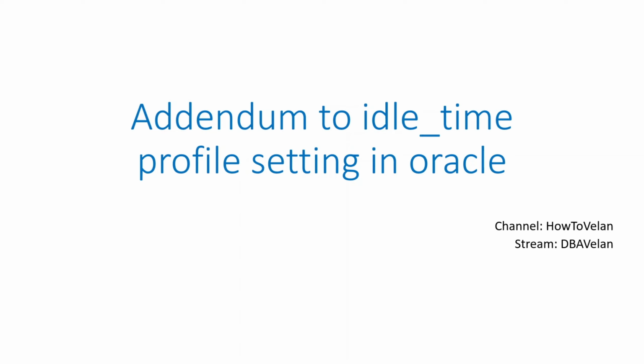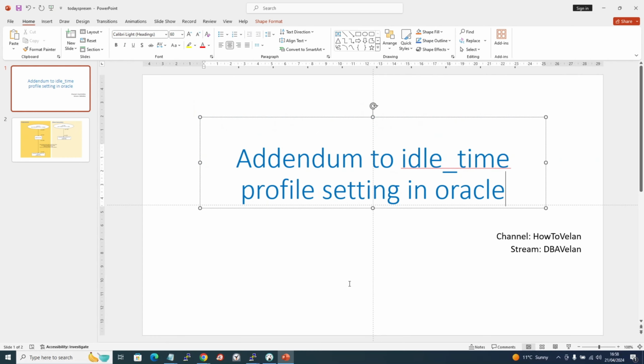We saw how idle time works, and then we ended up halfway through the video. The URL or reference guide from Oracle did not provide exhaustive detail. It said the session will be terminated. The session is terminated, but the session was still left in killed state. That's what we observed in the last video, and this is what that video is all about.